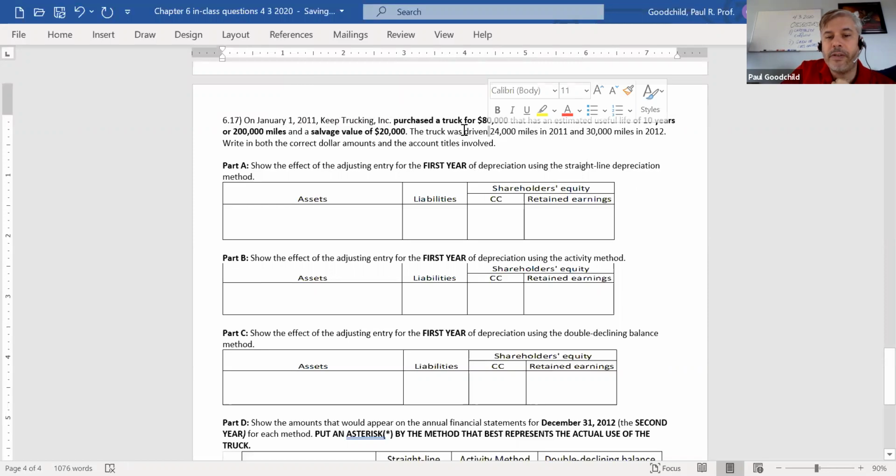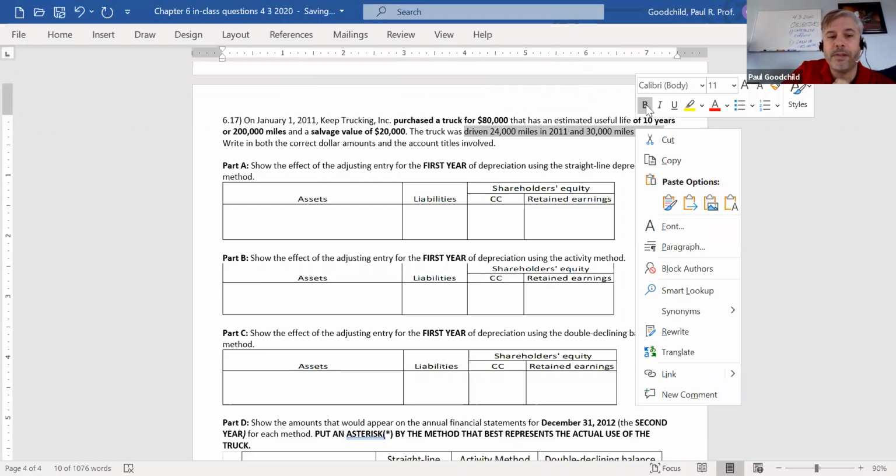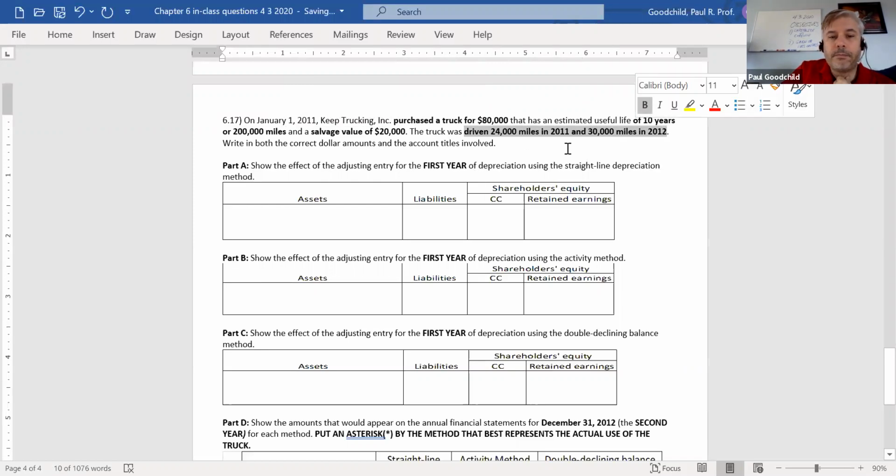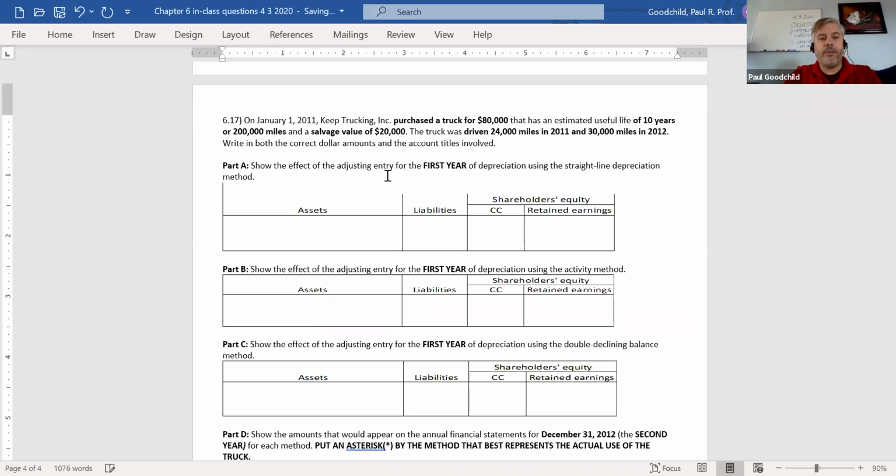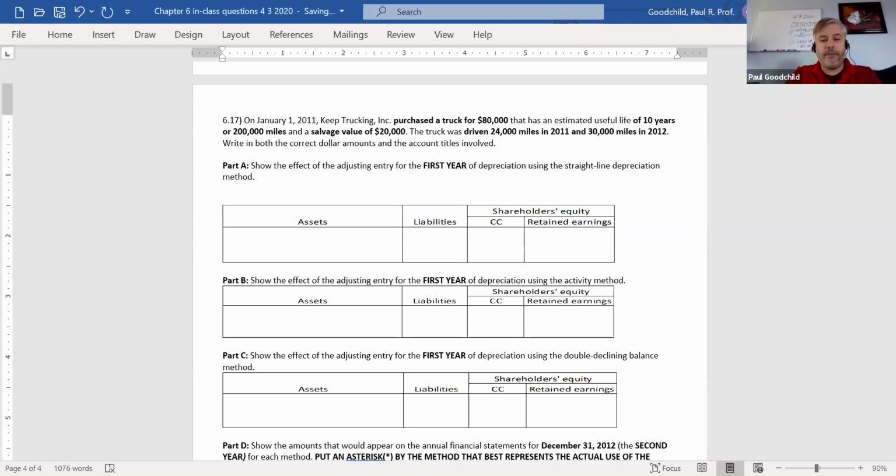The truck was driven 24,000 miles in 2011 and 30,000 miles in 2012. So I want to make sure that we know how these get posted into the transactions in the accounting records.